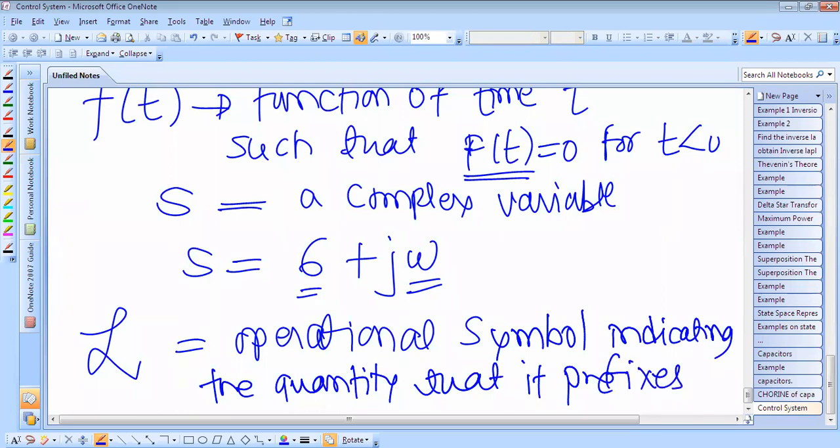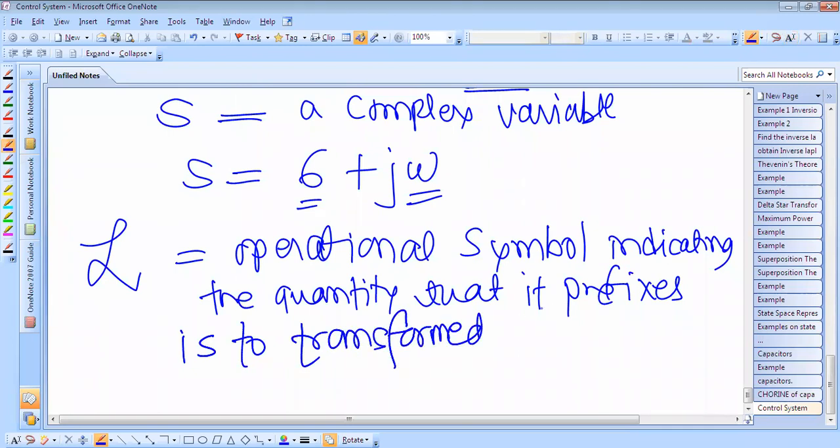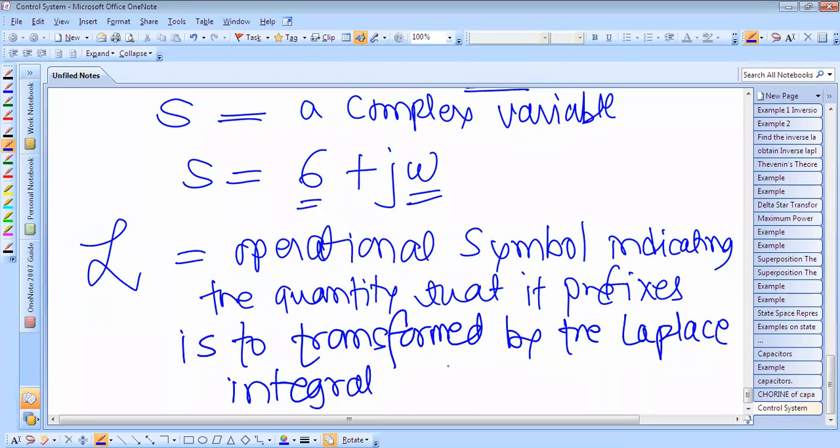is to be transformed by the Laplace integral, and this Laplace integral is nothing but the integral from 0 to infinity of e raised to power minus st into dt.